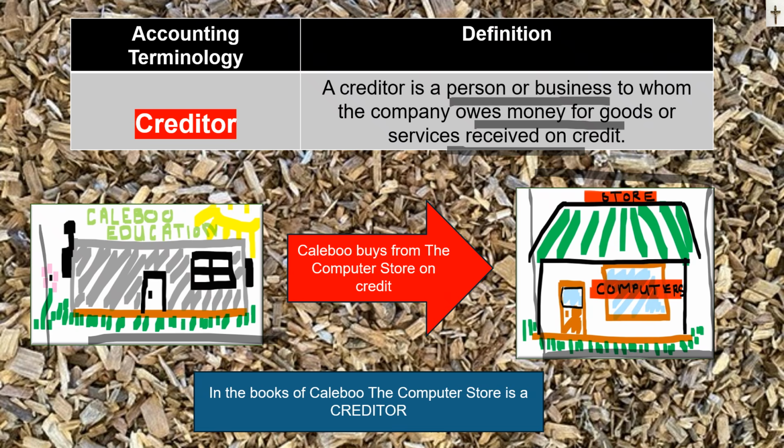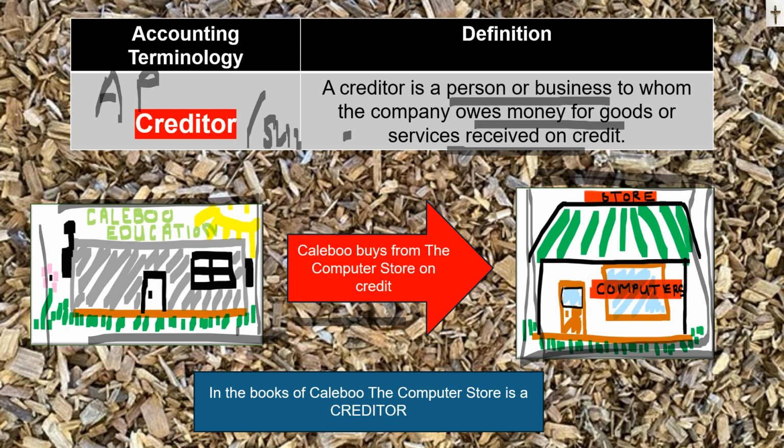So in this case, Calibu Education bought from the computer store on credit. That's a creditor, or you could say supplier. Creditors result in accounts payable, which we discussed earlier. So in the books of Calibu Education, the computer store is a creditor.